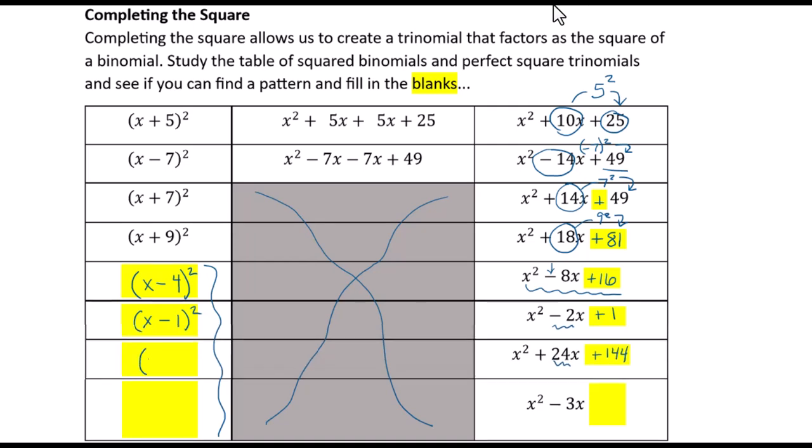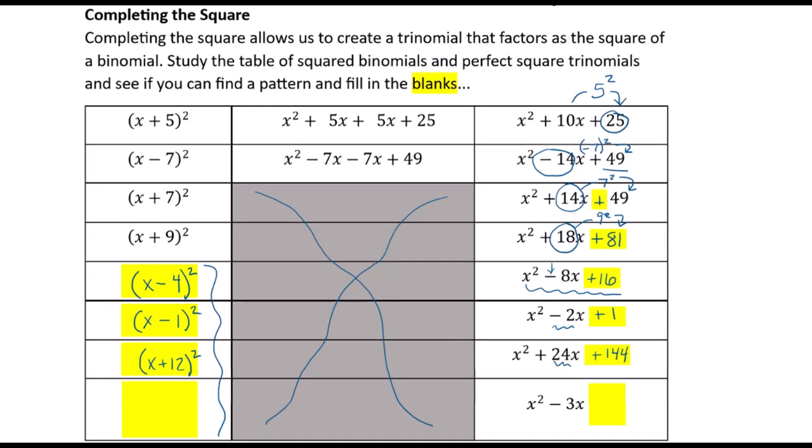Here I have x plus 12 quantity squared. You'll notice a pattern with these numbers as well. When we're factoring, it's always half of the middle number, or the square root of the third number of the trinomial.